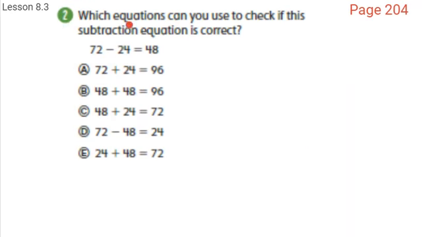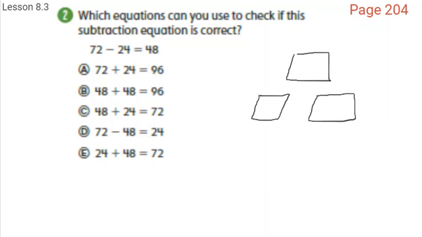Number 2, which equations can you use to check if the subtraction equation is correct? Well, let's look at these numbers. Again, number bond, just do that. When you see something like this, where it's looking for the fact families, let's see here. So 72 is the whole, minus 24, and then 48.